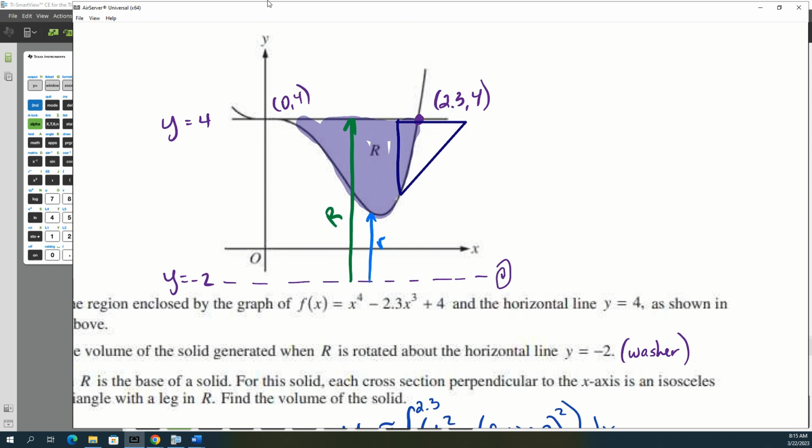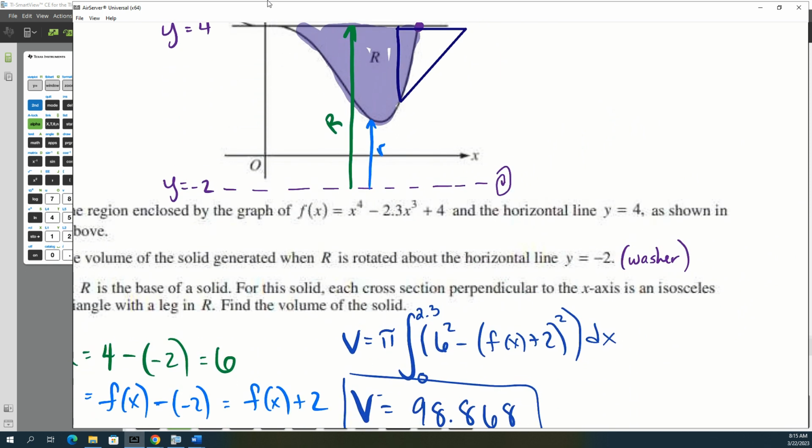It's going to form a shape. It's kind of hard to visualize.